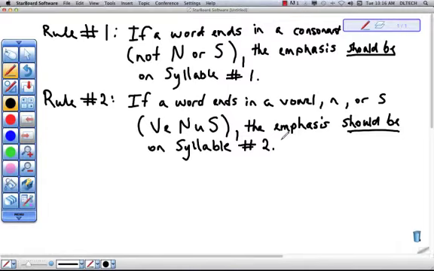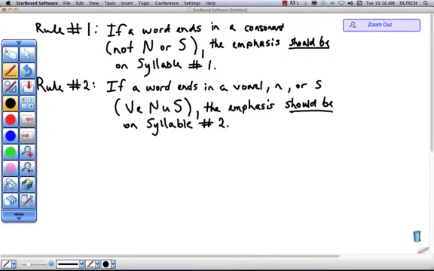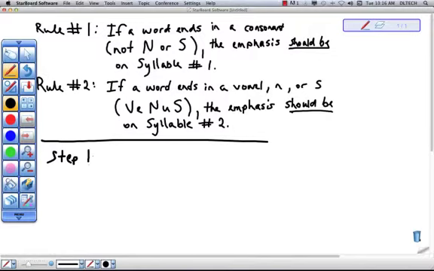All right, now, when you're doing accents and you're trying to figure this out, there are 4 steps that will help you. Step 1, break the word into syllables.